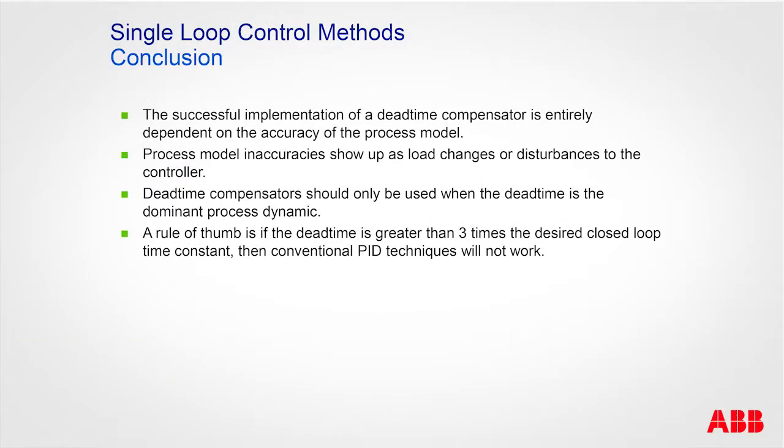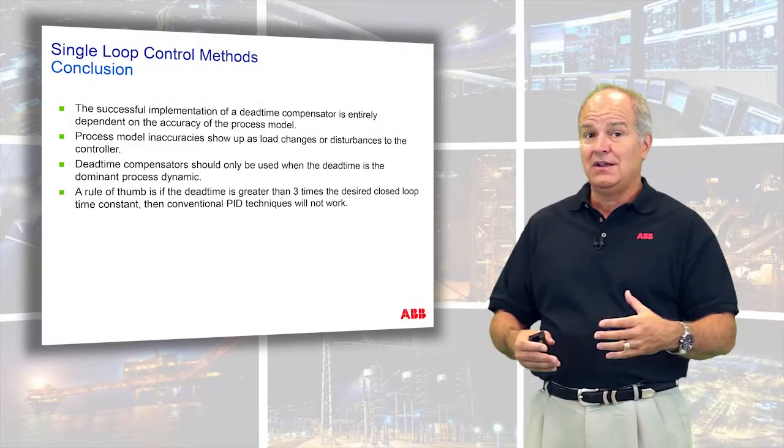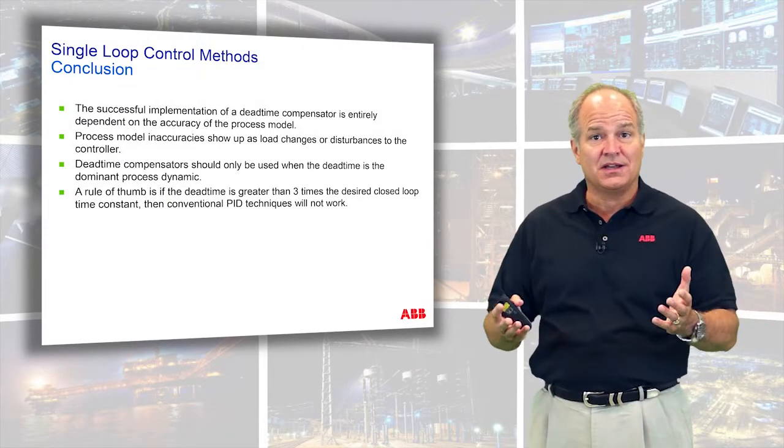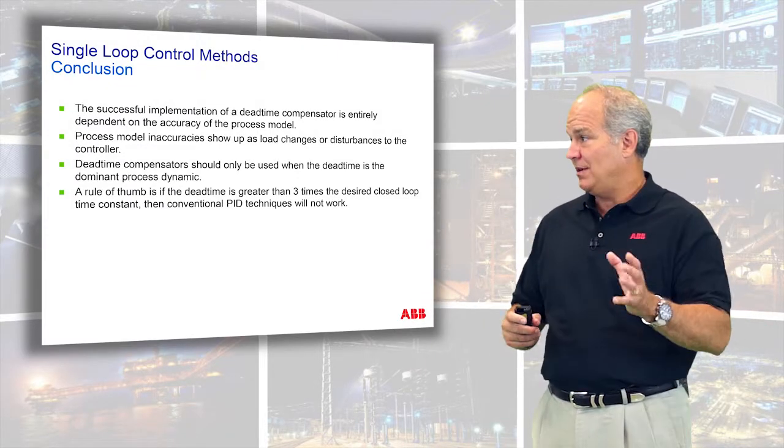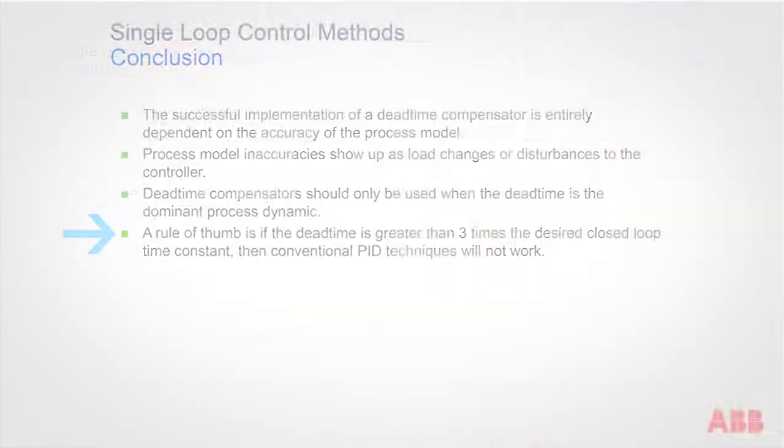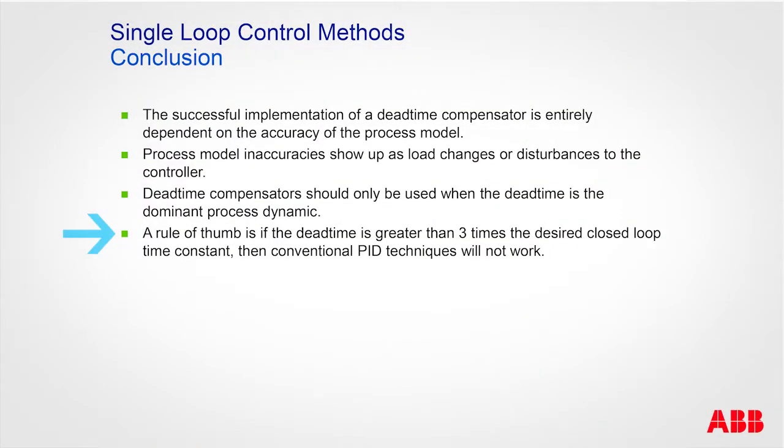Model mismatch will show up in your process. You should do regular bump tests to make sure that your model's not shifting over time, or it may be seasonal, or it may be dependent upon production lines. I've run into all of those, so you have to be careful. And this is the rule of thumb.